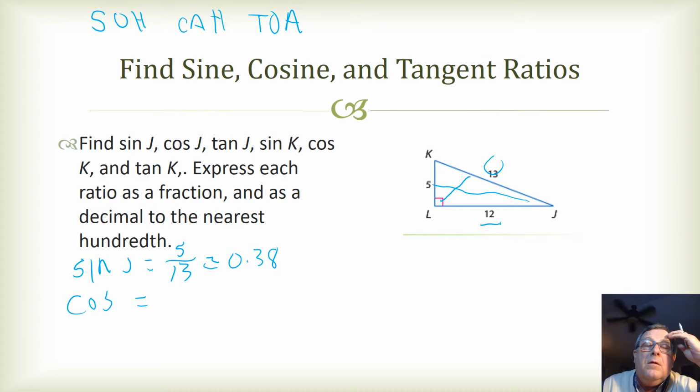So, adjacent over hypotenuse, 12 over 13. And again, to put this into decimal, I'm going to hit 12 divided by 13, and convert to decimal. That's 0.92.